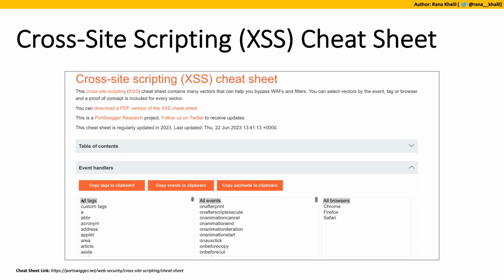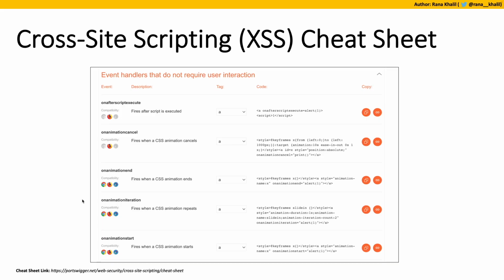It's called the Cross-Site Scripting Cheat Sheet, and it essentially gives you all the different tags that you could potentially use and all the different event handlers that you could potentially use to create XSS payloads. And when you do select, let's say, a specific tag, it gives you the list of the payloads that you could use for that specific tag, and then it also tells you which browsers that payload would work on.